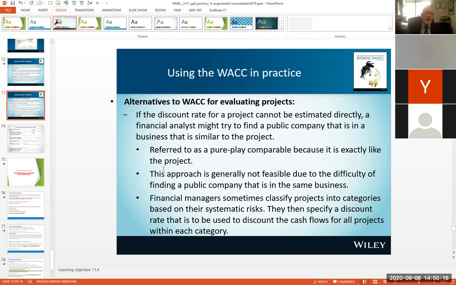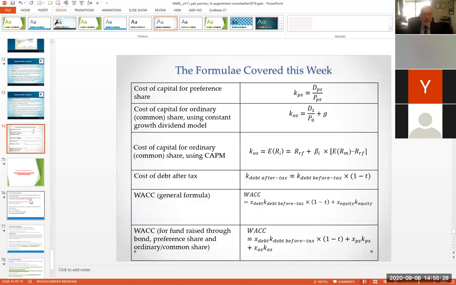You can certainly use comparables as a way of calibrating, of checking, of verifying that your estimate worked out by WACC is reasonable.